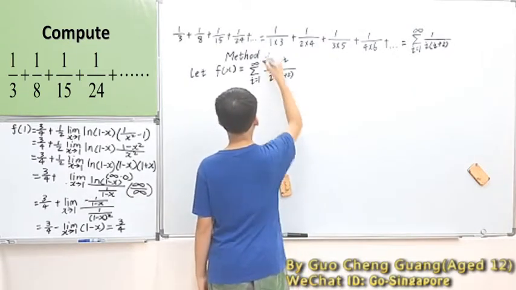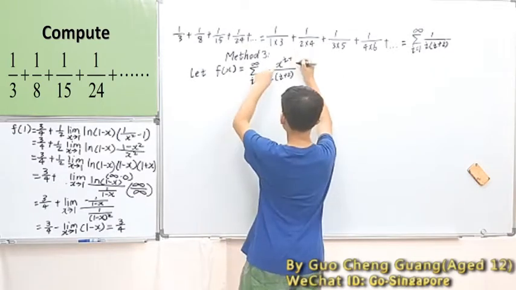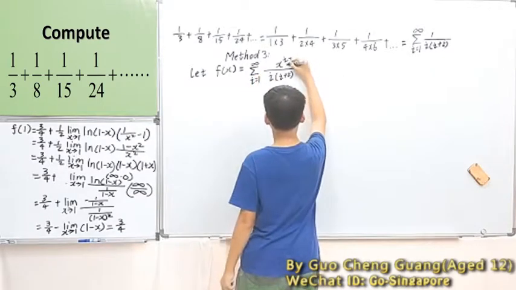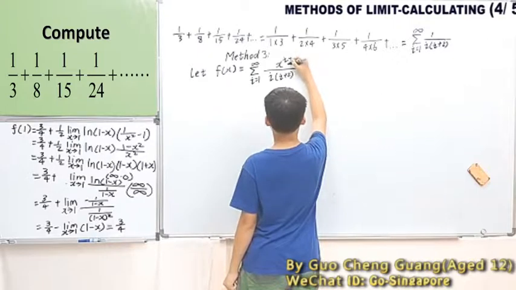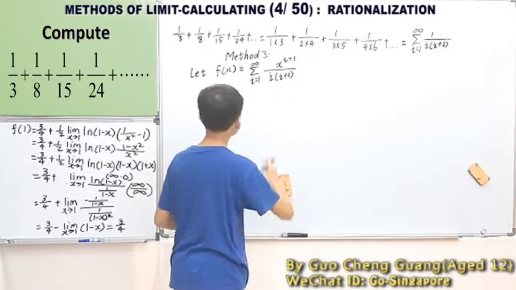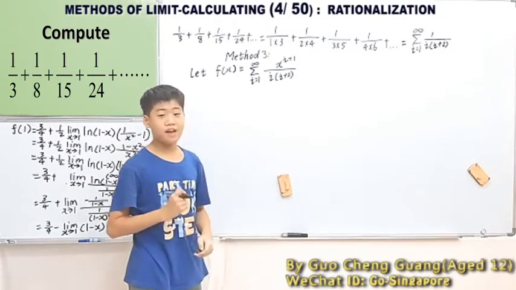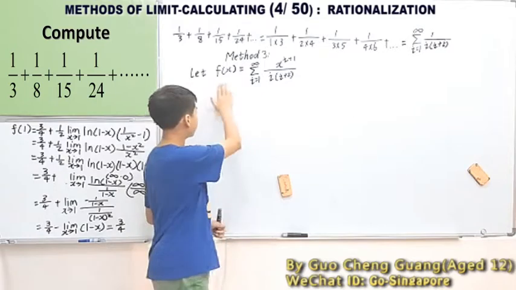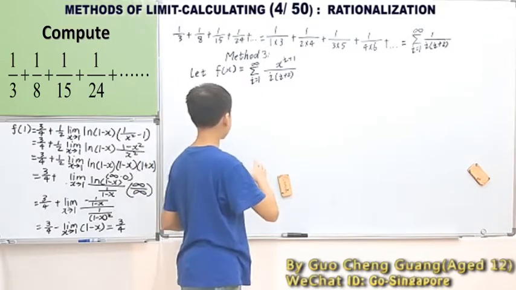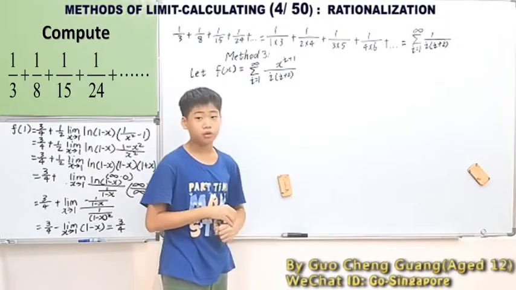Okay, right now we are at our method number 3. We're just going to change this x to the power of i into x to the power of i plus 1. And again, since we're at this third method, I can explain more about this f. For this function, we let one of these functions. But you have to be careful.